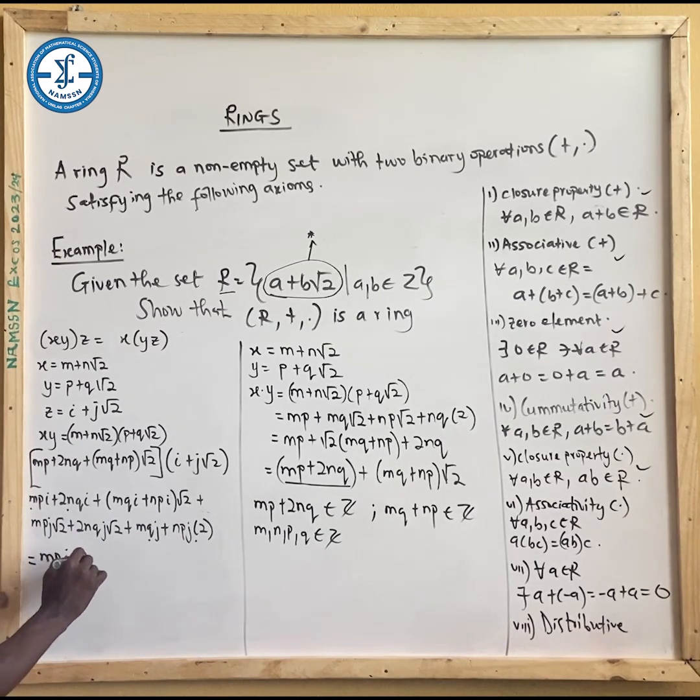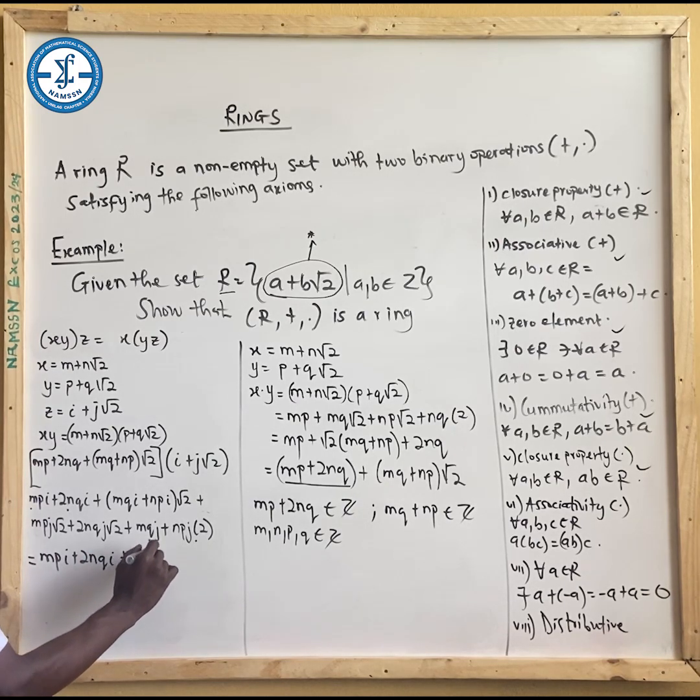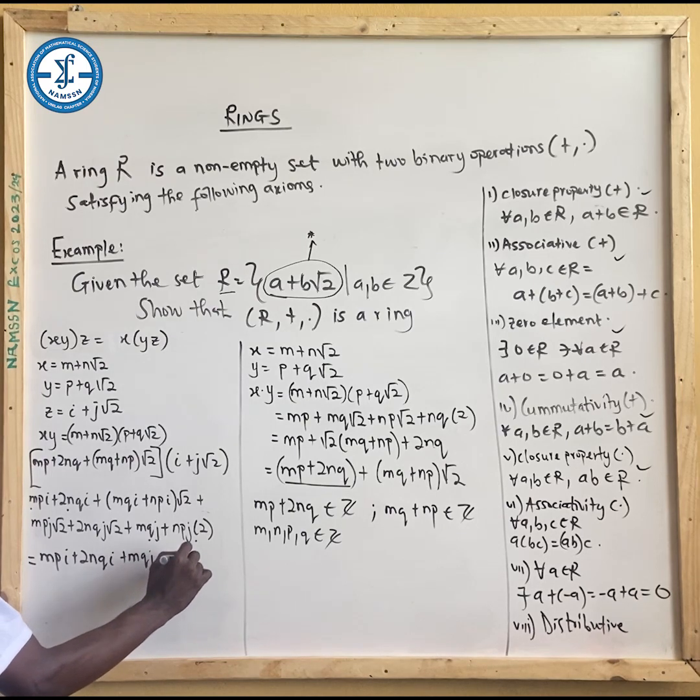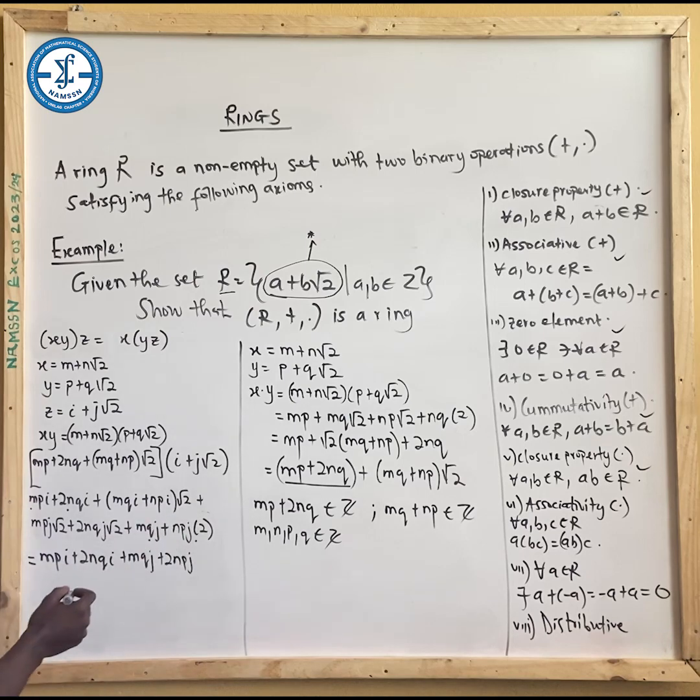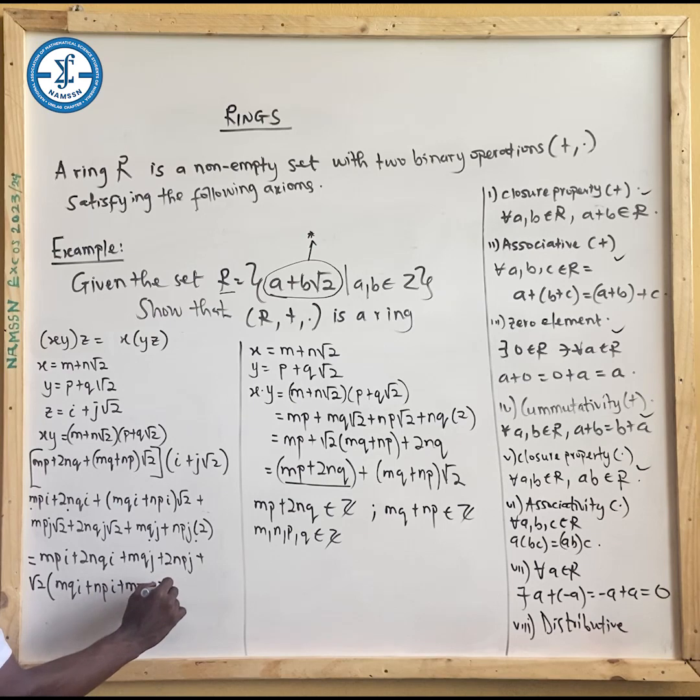npi plus 2nqi plus nqj plus 2npj, and then I can bring the ones of root 2 together. That will be plus root 2 open bracket nqi plus npi plus npj plus 2nqj together.